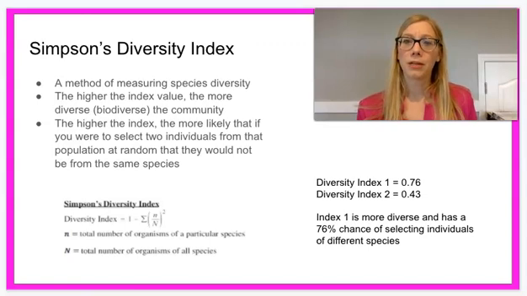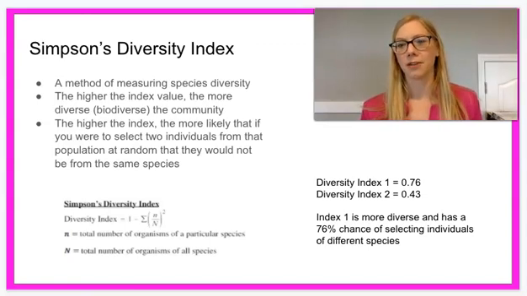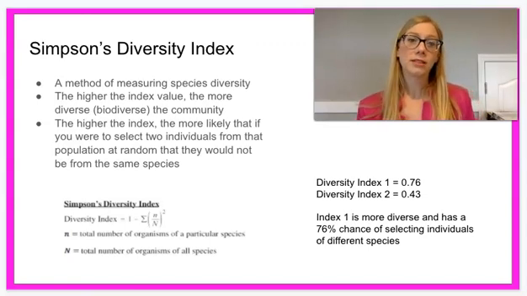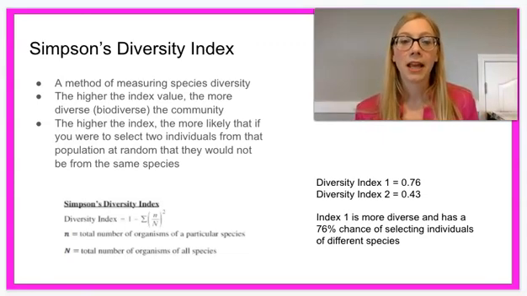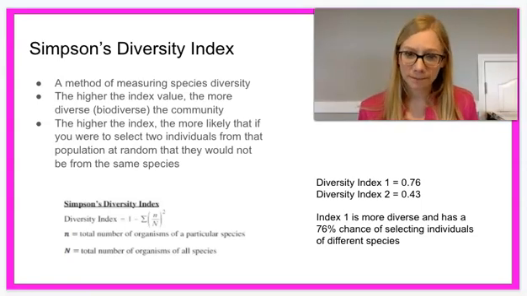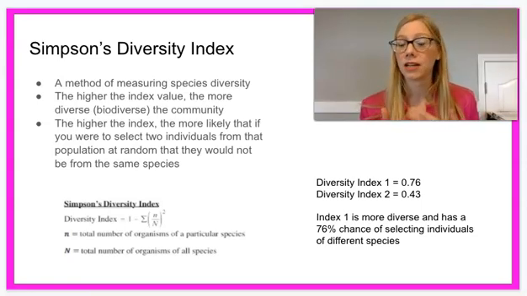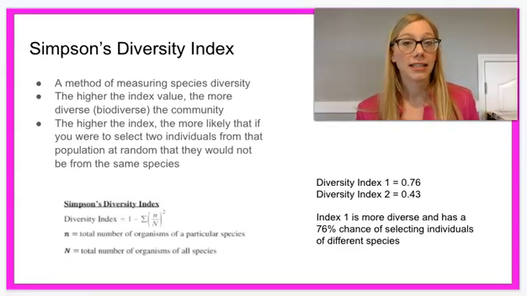But what if we want to be more quantitative, less subjective? We can use something called the Simpson's Diversity Index, which is a method of measuring species diversity. The higher the index value, the more diverse or biodiverse the community we're looking at is.